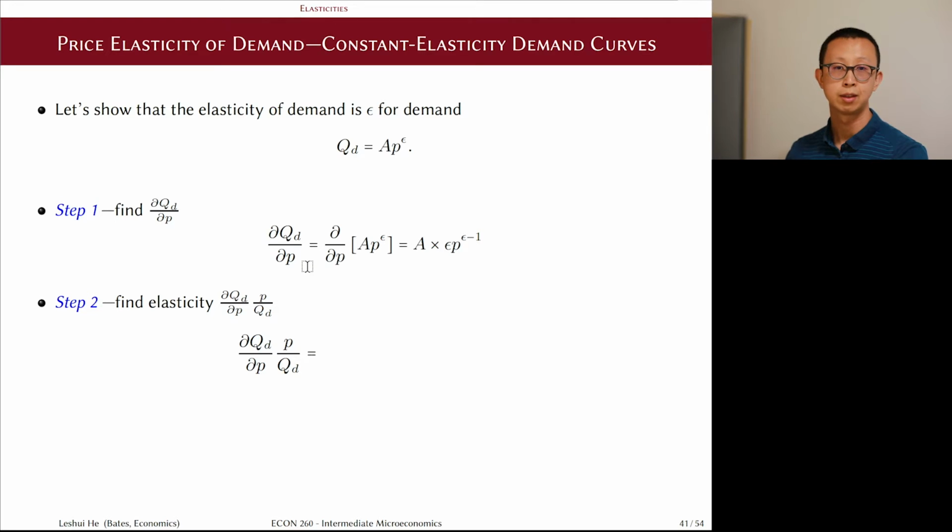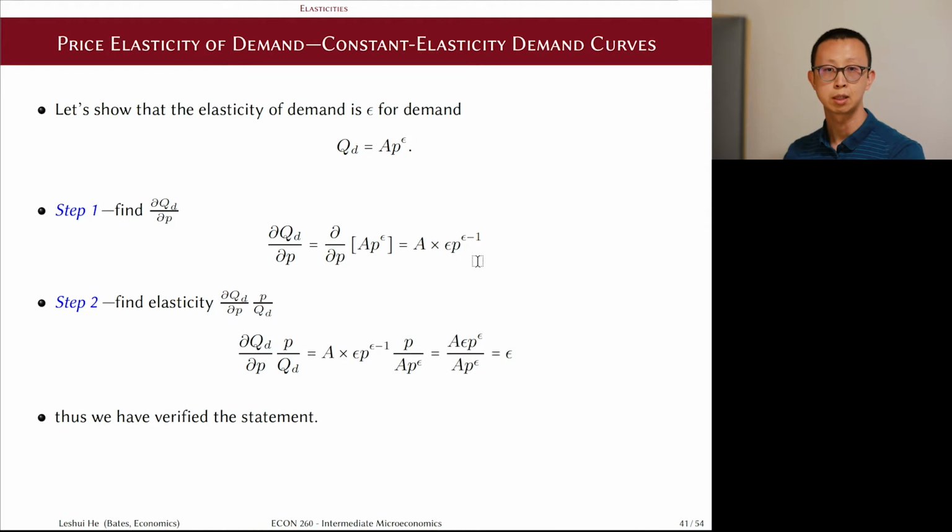Now, once we have the value of the derivative, we're going to plug it into the definition of price elasticity of demand and multiply it by the ratio of P over QD. Once we plug this expression into the position of dQd/dP, and then multiply it by P over Q, what we have is the following. First of all, we're not keeping QD here.